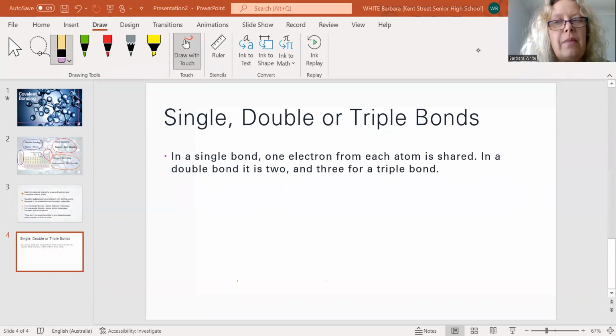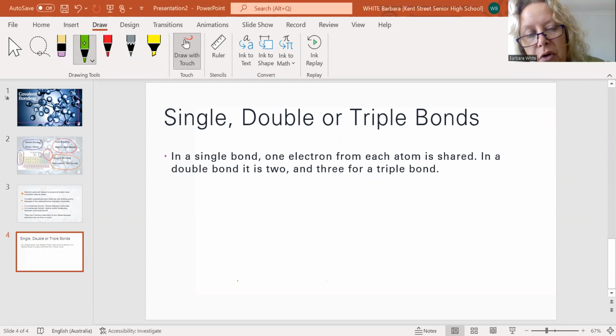Okay, so I knew chlorine would make single bonds because I knew that there was 1 empty space in the valence shell. If I move 1 element to the left, so let's go to oxygen. So I know that oxygen's got 2 spaces in its valence shell. It can form a double bond, and from one oxygen to another, it does form double bonds.